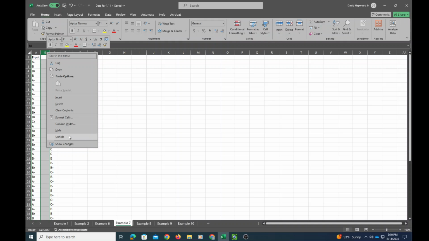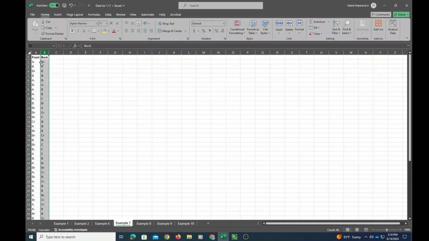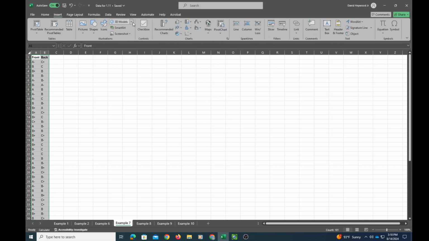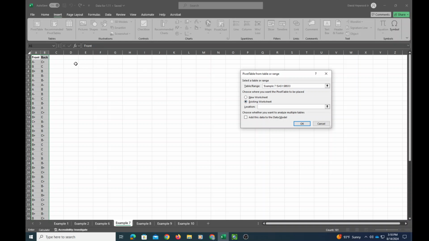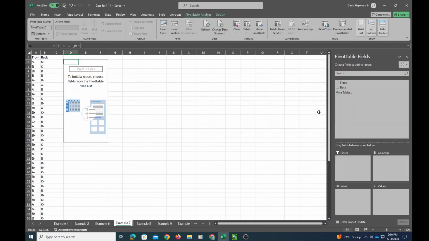So let me just delete this column. And now I can select all of this stuff. I just hit Control A, right? Now it'll select all of your data. And then I'm going to go to Insert, Pivot Table. I'll do that right here in our existing worksheet.